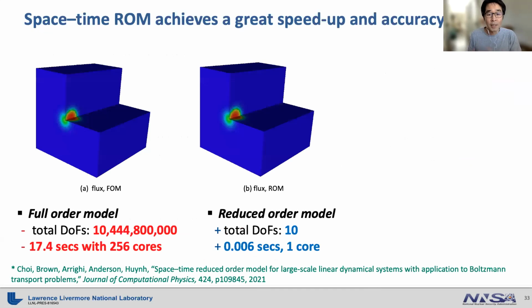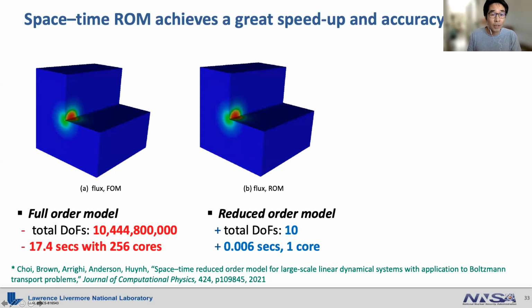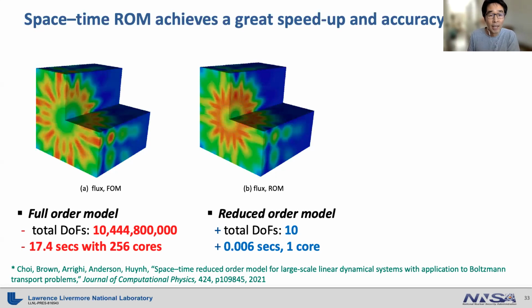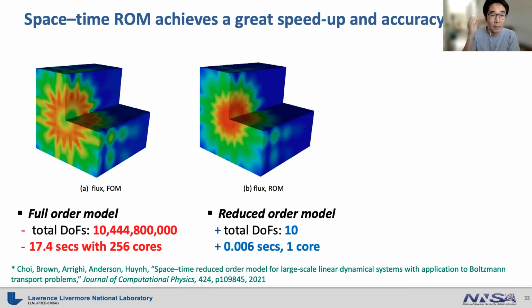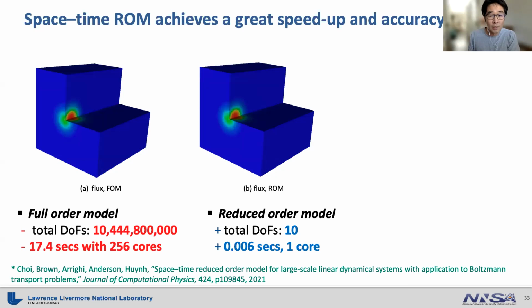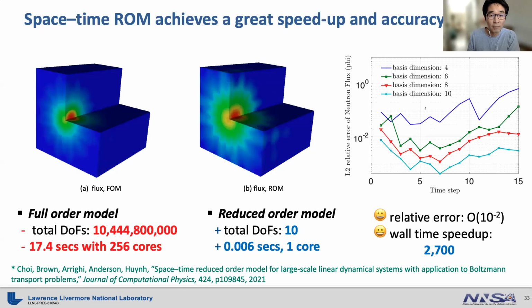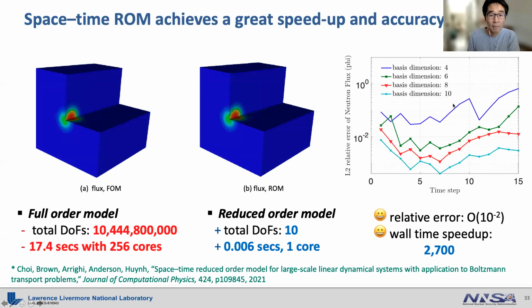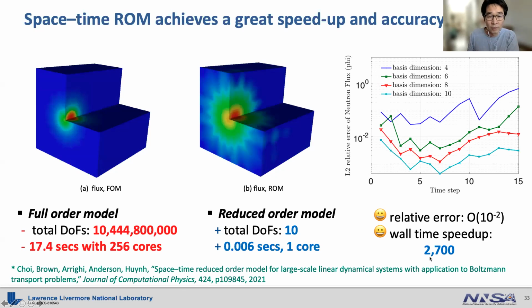Using the space-time reduced order model, we were able to reduce that to 10 only, both in space and time. As you can see from the movie, it shows more or less the same dynamics. Quantitatively, the relative error was less than 1% with a basis dimension of 10, and a wall time speedup of around 30,000 was achieved.